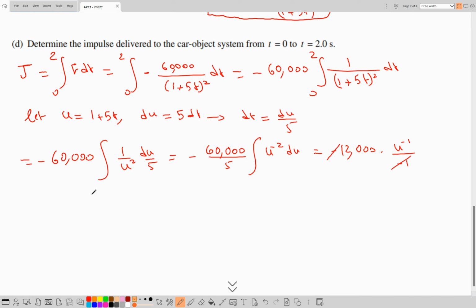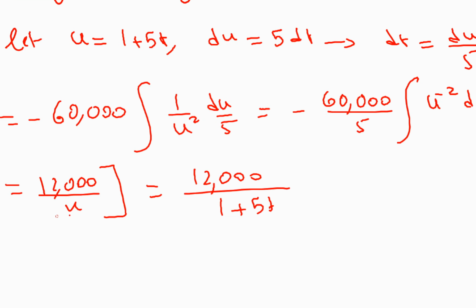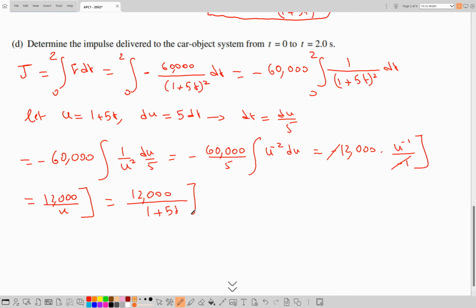That would cancel, and that would be 12,000 divided by u, which is 12,000 divided by 1 plus 5t. Now since u has been replaced again by t, we can say it's being computed from 0 to 2.